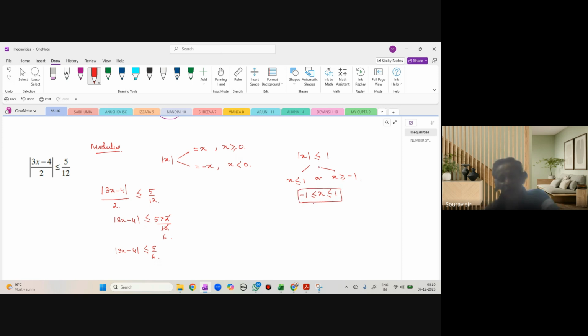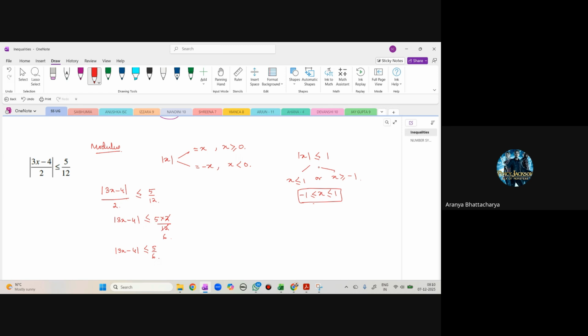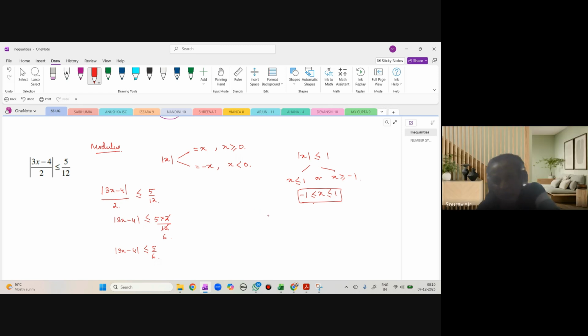This is the meaning of this inequality. Clear? So that means x has to lie between plus and minus of that value.